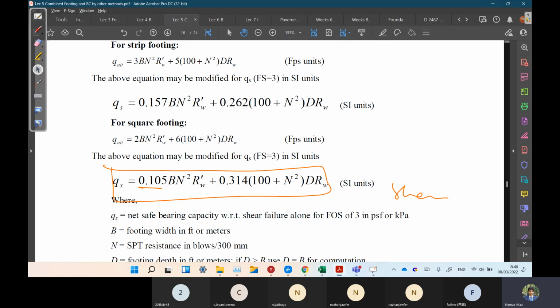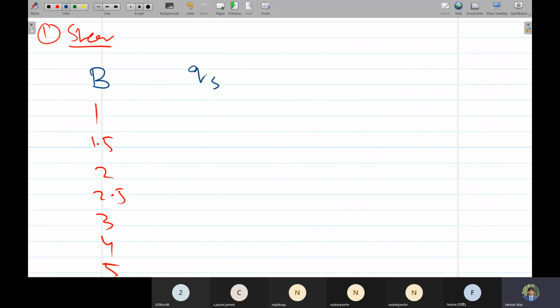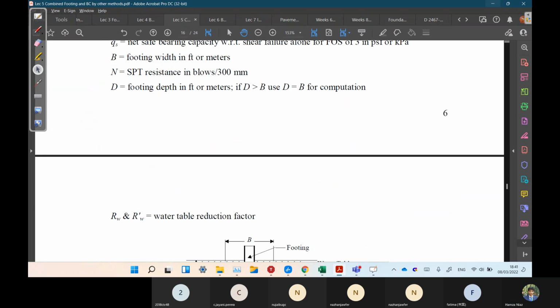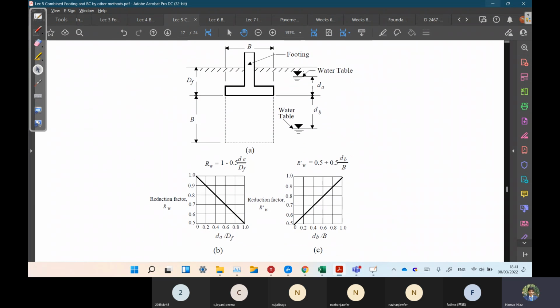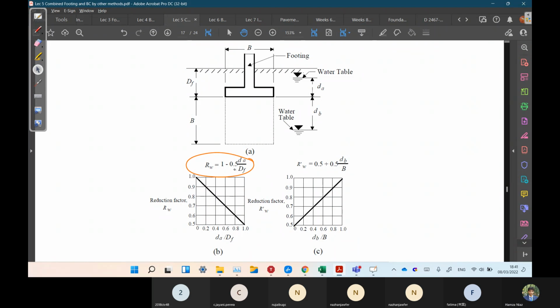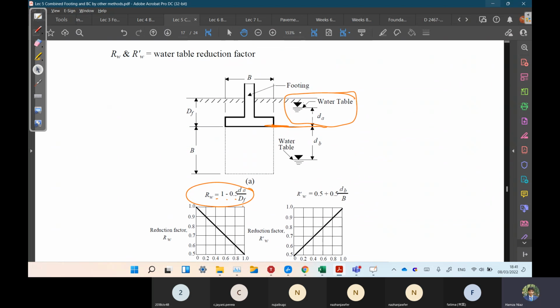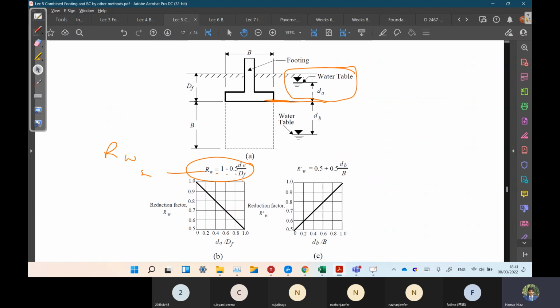Simply 0.105 is a factor, the B value we assume, and then Rw and Rw bar. These are dependent upon the water table. So these formulas are given. Rw is 0.5 plus 0.5 dw over Df, where dw is the distance from the footing base to the water table, as shown. If we have no water table, or the water table is at a very great depth, we can simply take Rw as 1. If they have not mentioned the water table, simply take it as 1.